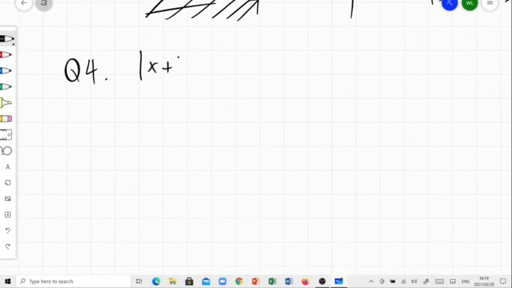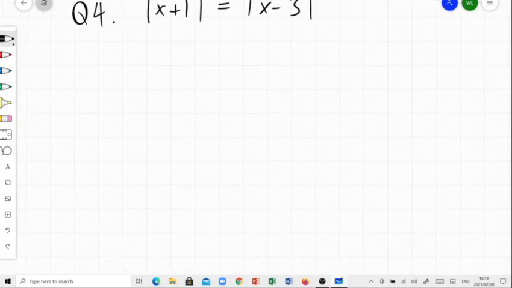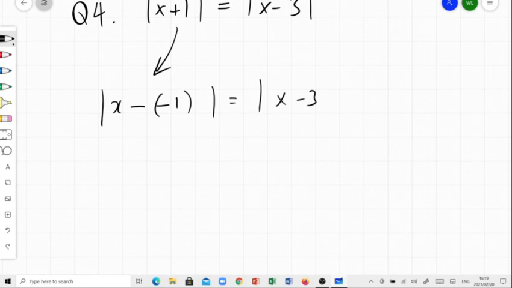I want to find x such that the absolute value of x plus 1 is equal to the absolute value of x minus 3. In this case, I will translate this as a distance question. In order to do that, I have to change the sum into a difference. So x plus 1 is x minus minus 1, and this one is already a difference, so it's good.